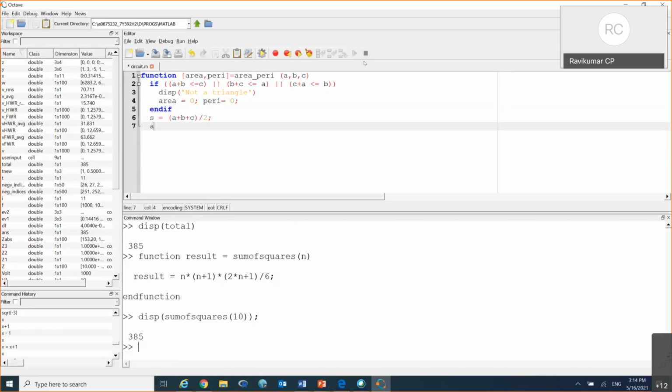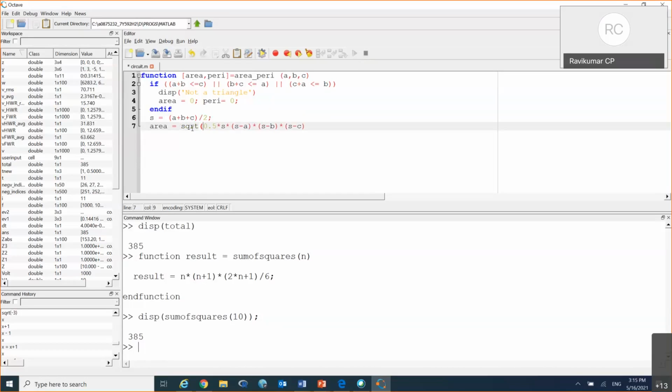Then the area is nothing but S times S minus A times S minus B times S minus C, multiplied by half, I think, and square root of this.